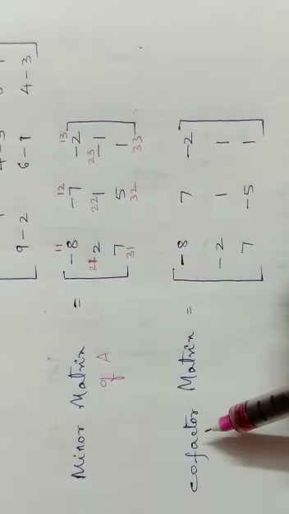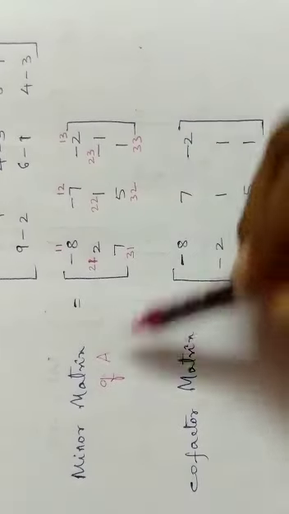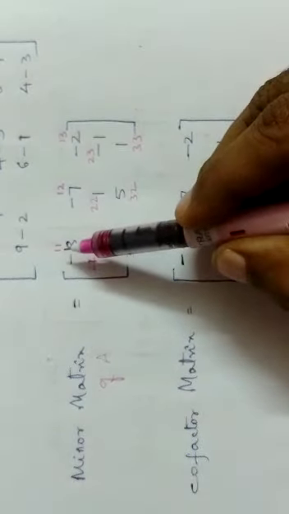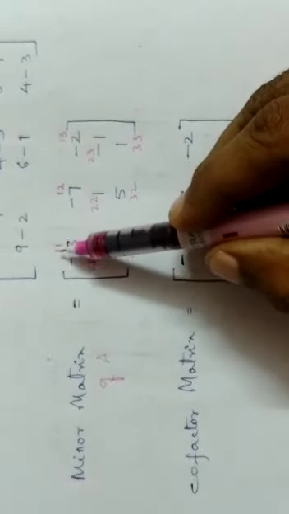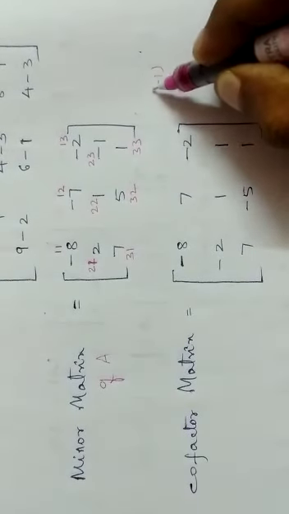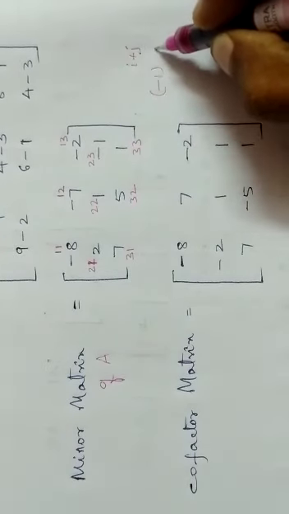To write the cofactor matrix, first we need the minor matrix. Now, add these two: 1 plus 1, 2. The definition of cofactor: minus 1 power i plus j into Mij.